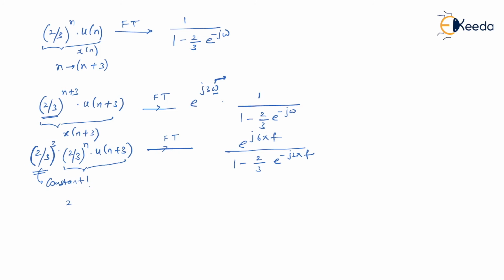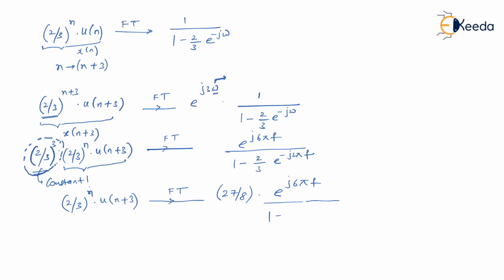So I can rewrite this as 2 by 3 to the power n u of n plus 3. Now it will have a Fourier transform as, since this thing I'm highlighting I'm going to shift to the right hand side, it will become 27 by 8 times e to the power j 6 pi f divided by 1 minus 2 by 3 e to the power minus j 2 pi f.